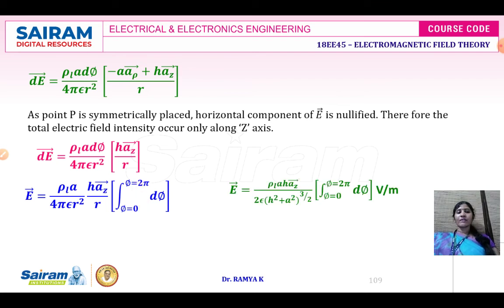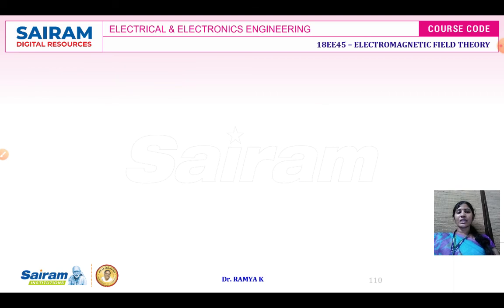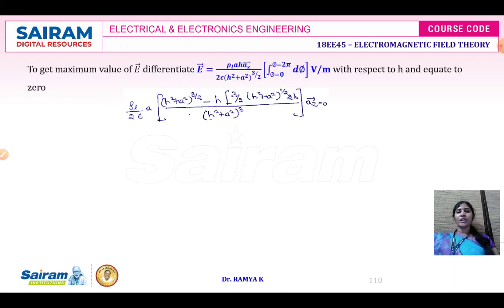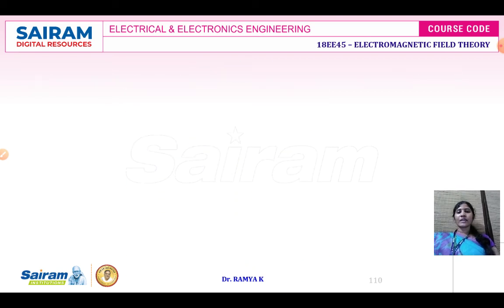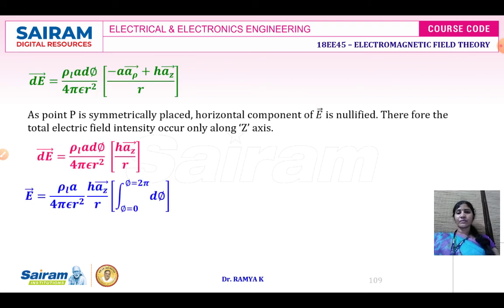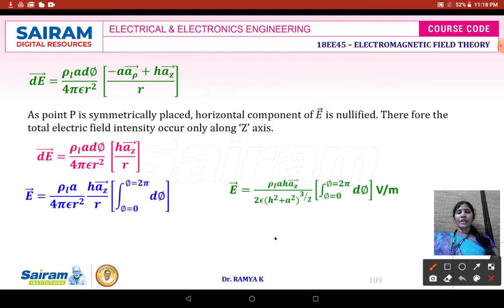After solving, we'll get the electric field intensity as E is equal to rho L a h a z divided by 2 epsilon into h square plus a square to the power of 3 by 2, where the limit of d phi between 0 to 2 pi gives 2 pi.